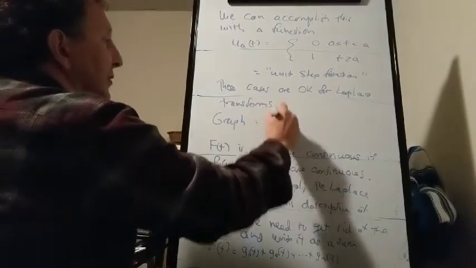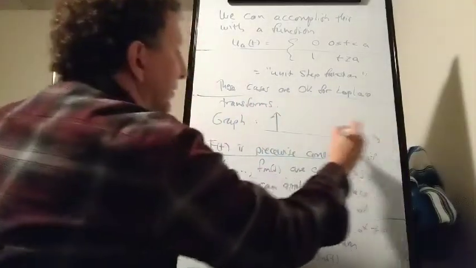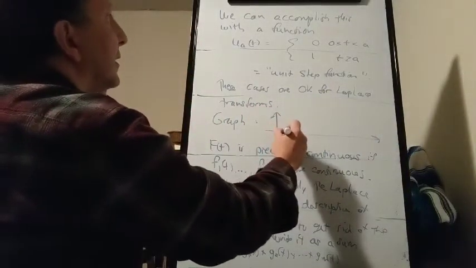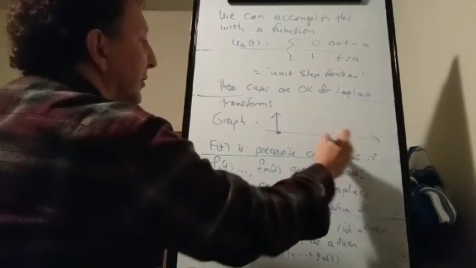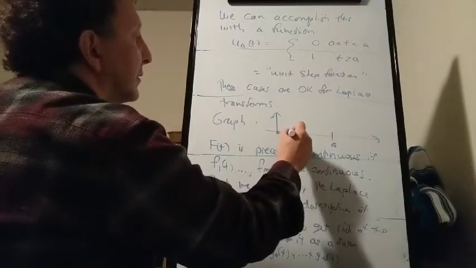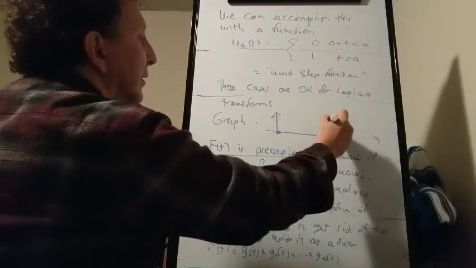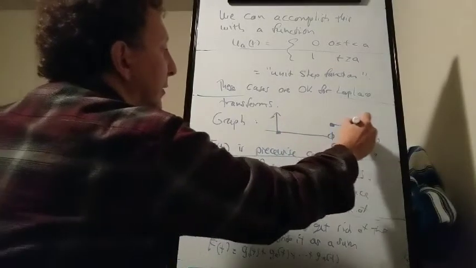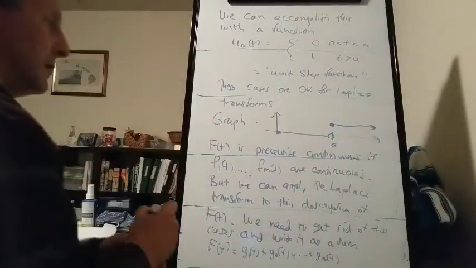So the graph of this function, of course, is 0 up until a, and then it's 1 from there on.